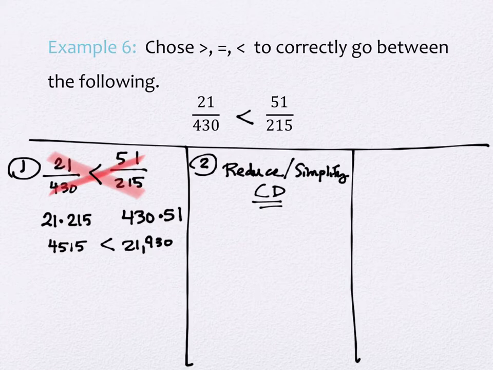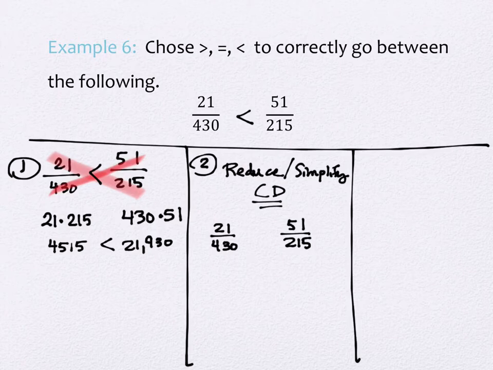All right, so we have 21 over 430. And if you take a look at 51 over 215, and you simply look at their denominators, what do you notice? 430 and 215. Okay, what about 5?